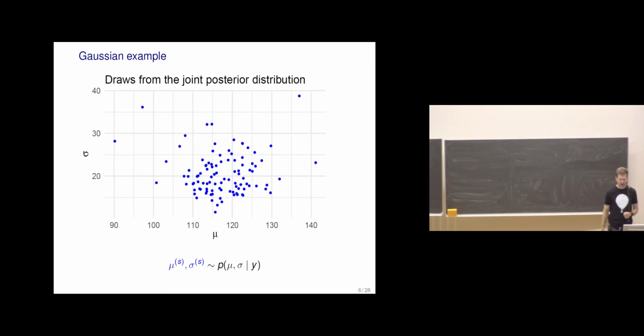These vertical lines are now the posterior draws of mu.